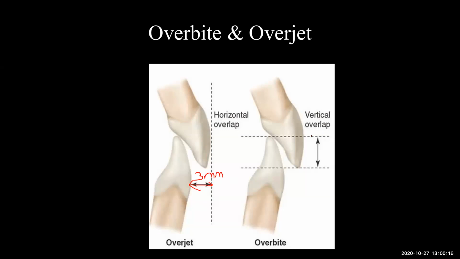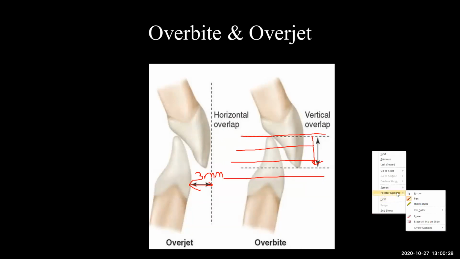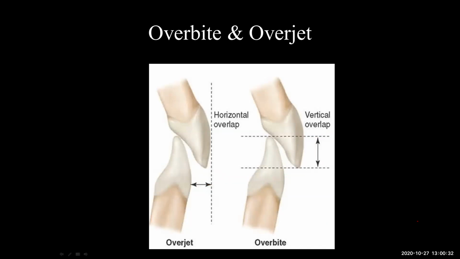For overbite, it's a vertical. And again, you're dividing the tooth up into thirds and finding out, is it slight, moderate, or severe? So the maxillary teeth should overlap the mandibular teeth at least by a third.